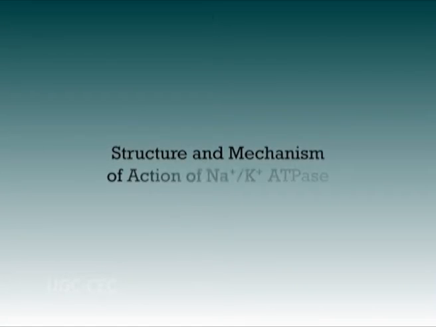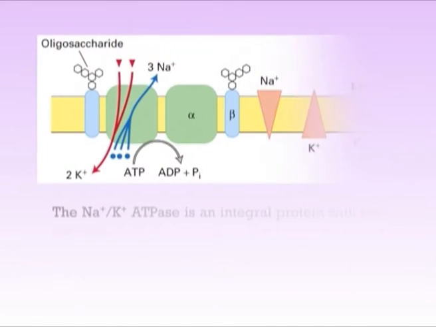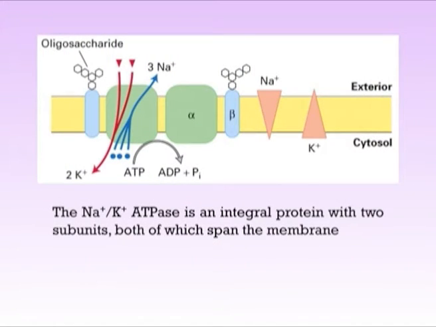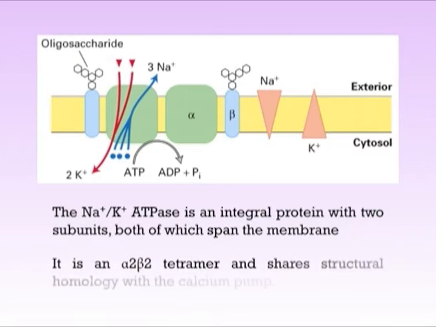Now, let's look at the structure and the mechanism of action of sodium-potassium ATPase. The sodium-potassium ATPase is an integral protein with 2 subunits, both of which span the membrane. It is an alpha-2, beta-2 tetramer and shares structural homology with the calcium pump.